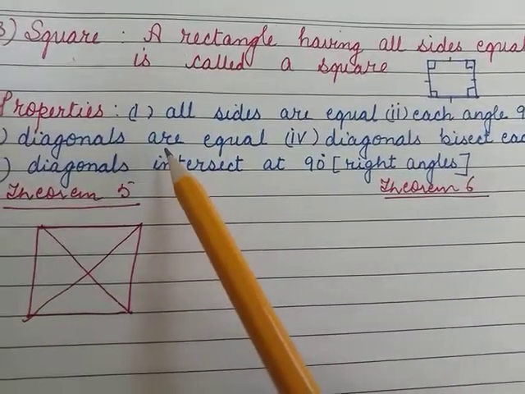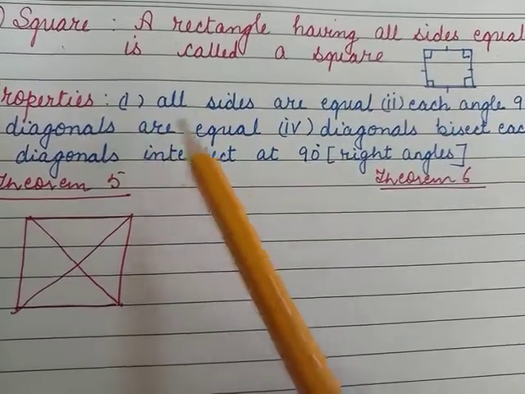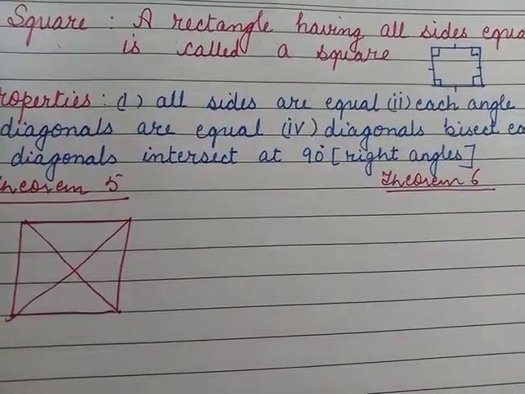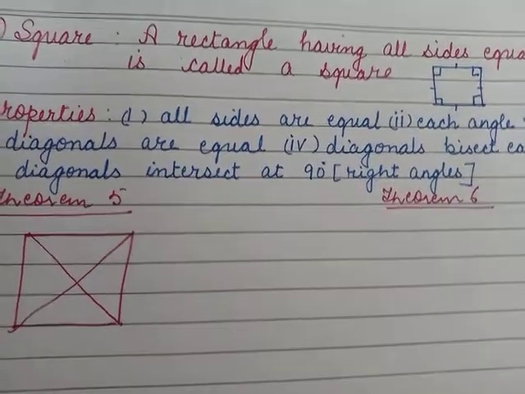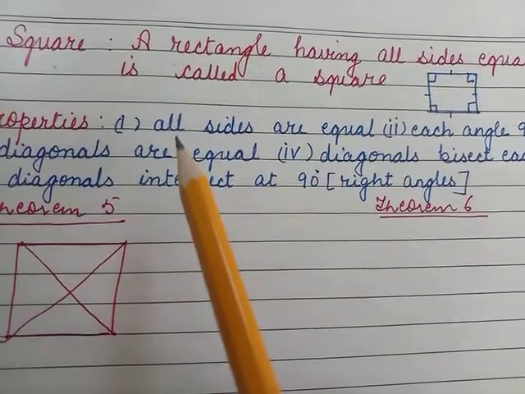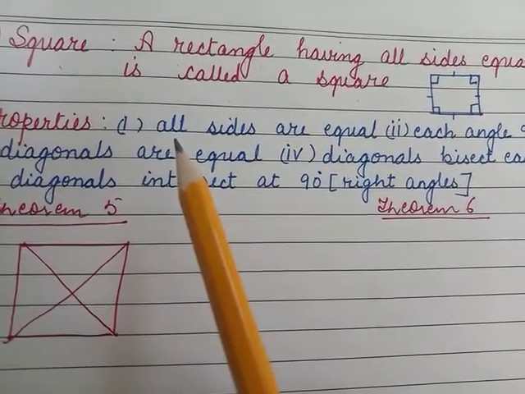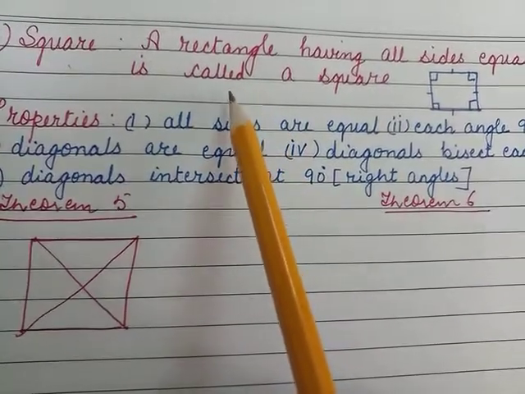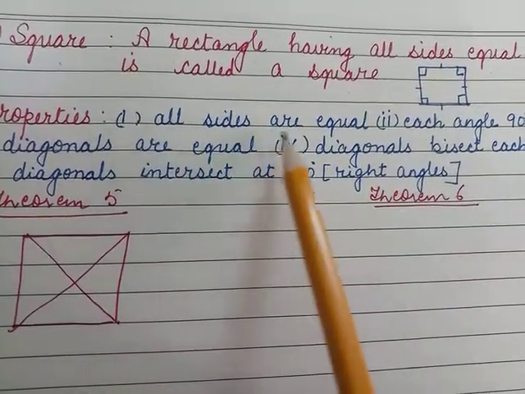A square will possess all the properties of a rectangle as well as a parallelogram. So what is the difference between a square and a rectangle? That all the sides are equal.